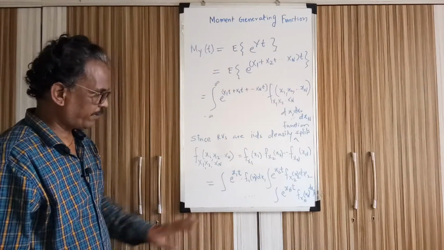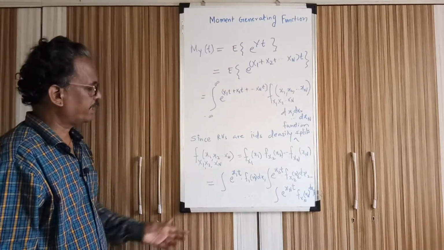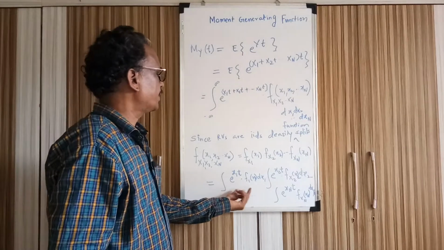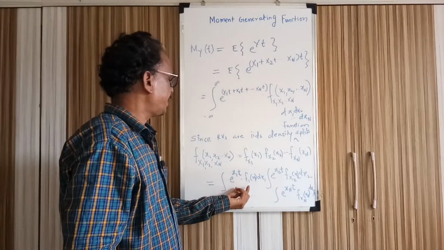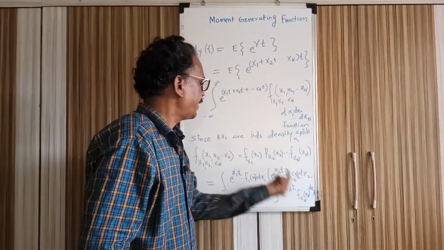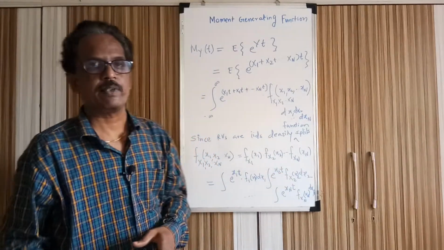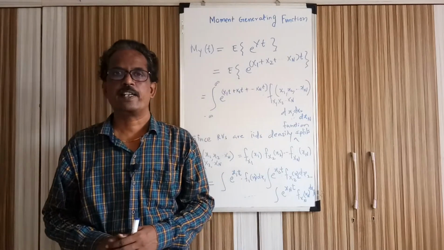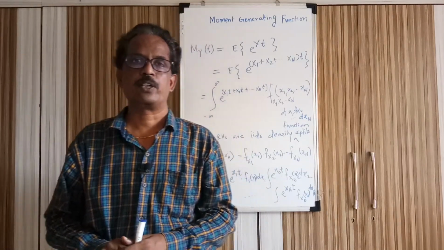By observing this equation, we can say that this is phi x1, this is phi x2, right? Phi x1 of t, phi x2 of t, phi xn of t. So whenever we are adding random variables that are independent, the density function splits.